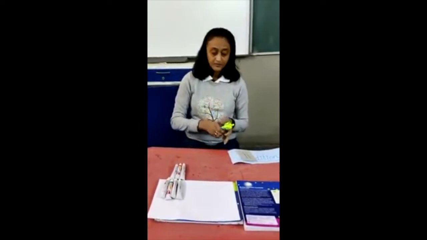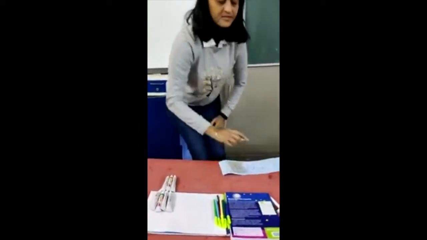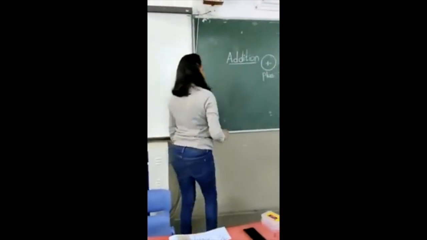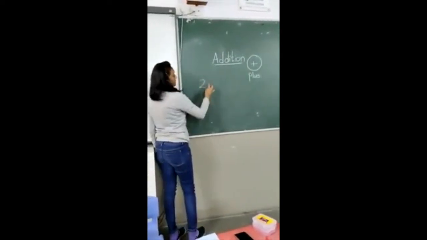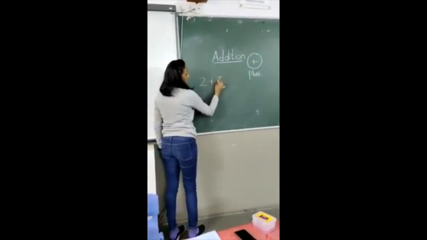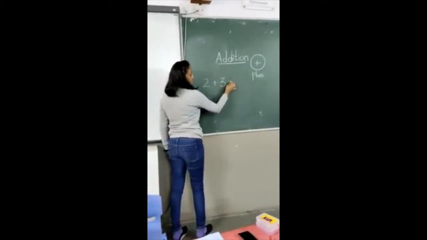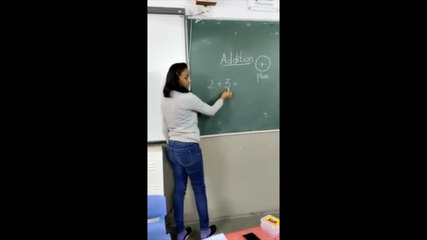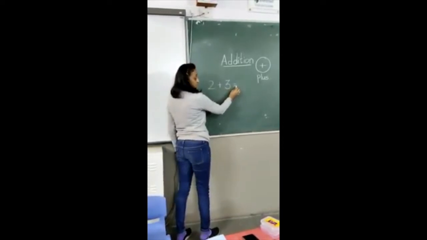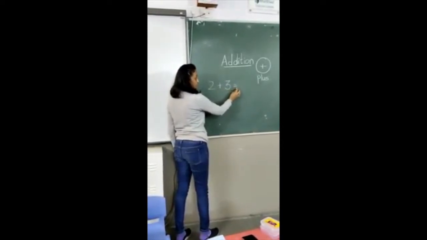Now I will show the second method on the board. This is the second method. 2 plus 3 is equal to. We are using the plus sign here by combining the two numbers and the result we get is shown by the equal to sign.